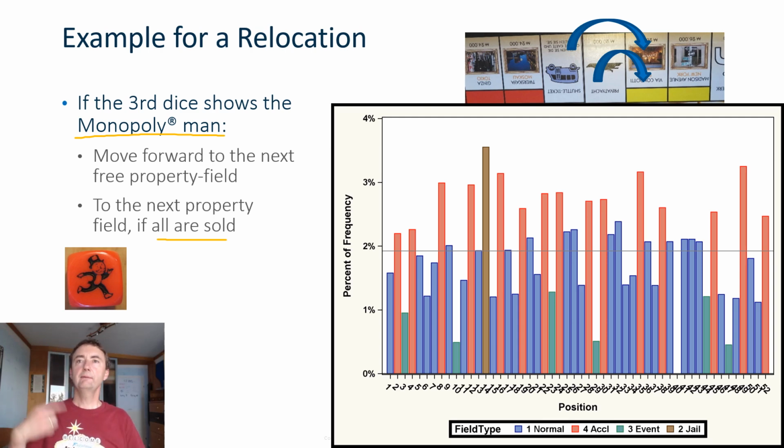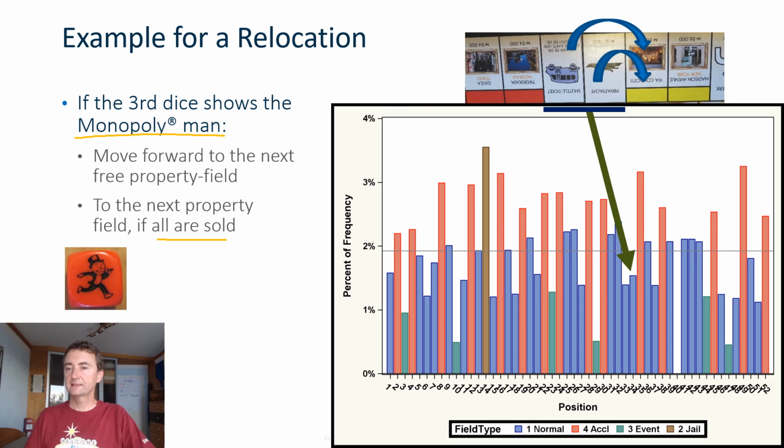This means if the game took place for a certain time, maybe all properties are already sold, and every time the monopoly man shows up and you end up on a non-property field, you get relocated to the next property, to the next field where you could build houses and so on.